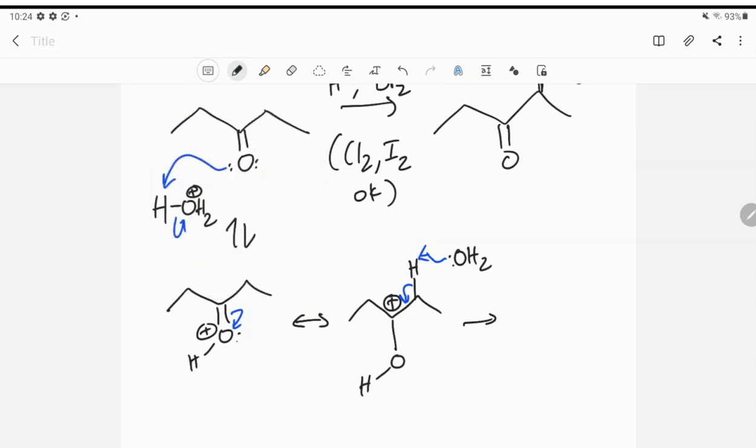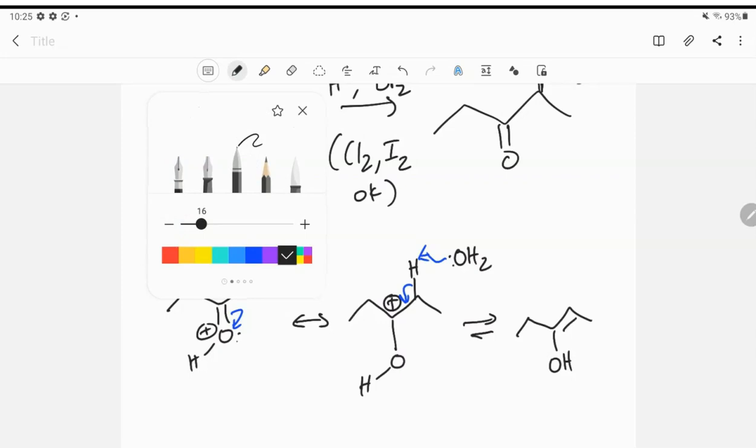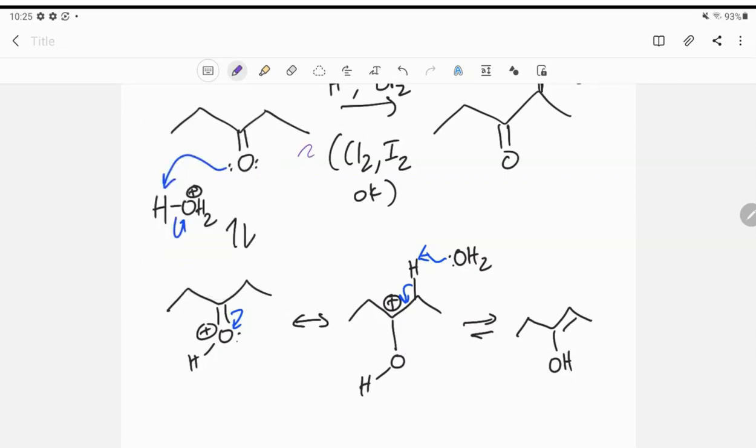Because we are making the enol here, I can save all this space by just saying tautomerization. This is the purpose of understanding that word. And poof, I have saved myself 3 steps of mechanism writing.